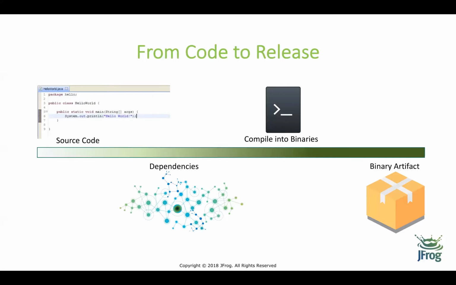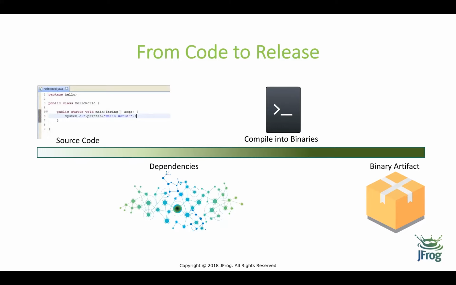First off, what is an artifact or a binary artifact in the DevOps space? From a development perspective, we start out with your source code. In order to build anything, you typically depend on various libraries, third-party libraries, what we call dependencies. That is true regardless of the technology that you use, whether you're writing Node.js, Java, or even C++.